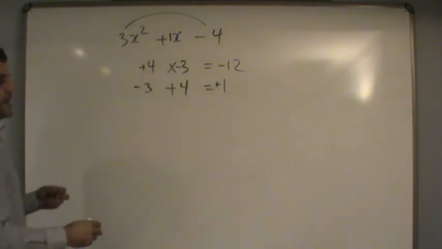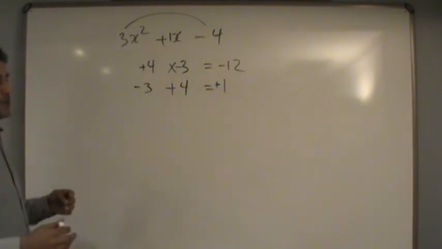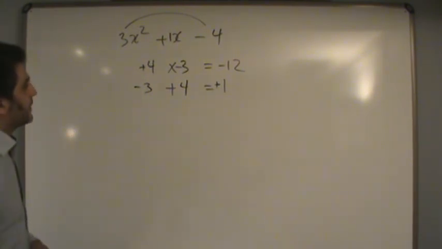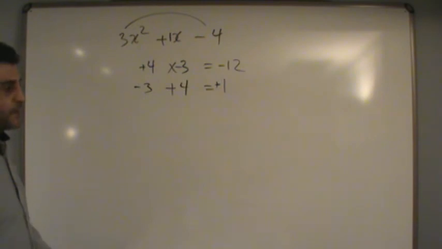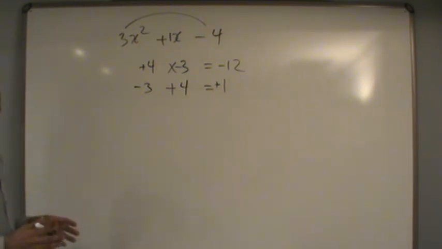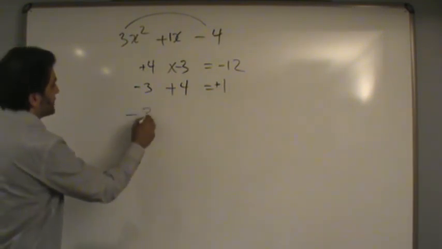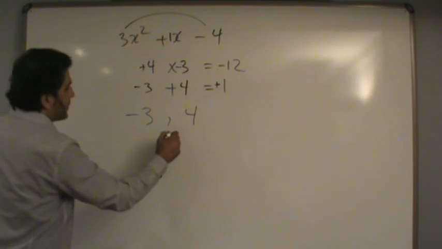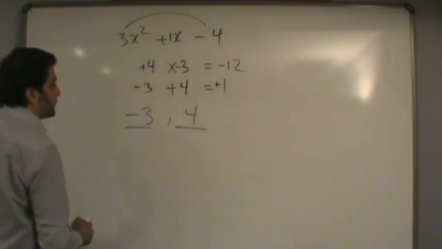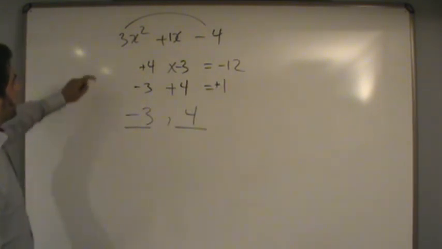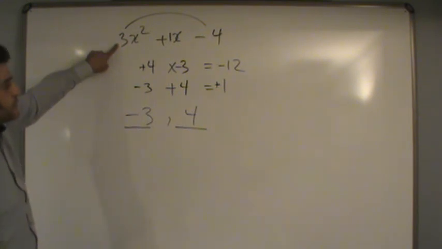And what we do, I'm going to show you the shortcut, and I'm sure you're more comfortable with the shortcut than the decomposition way, because everyone likes to do things in a simpler, easier, and quicker way. Once we find the integers negative 3 and 4, we divide both of these integers by the leading coefficient of degree 2, whatever the value of a is.